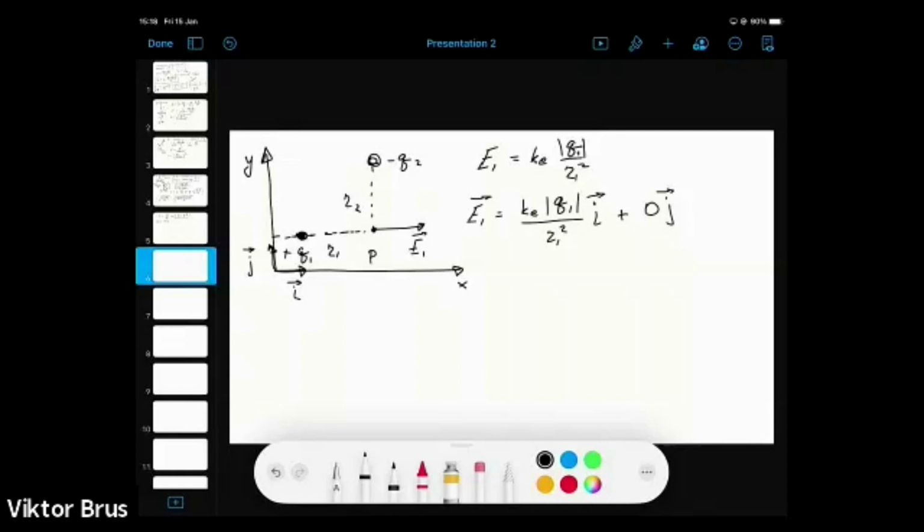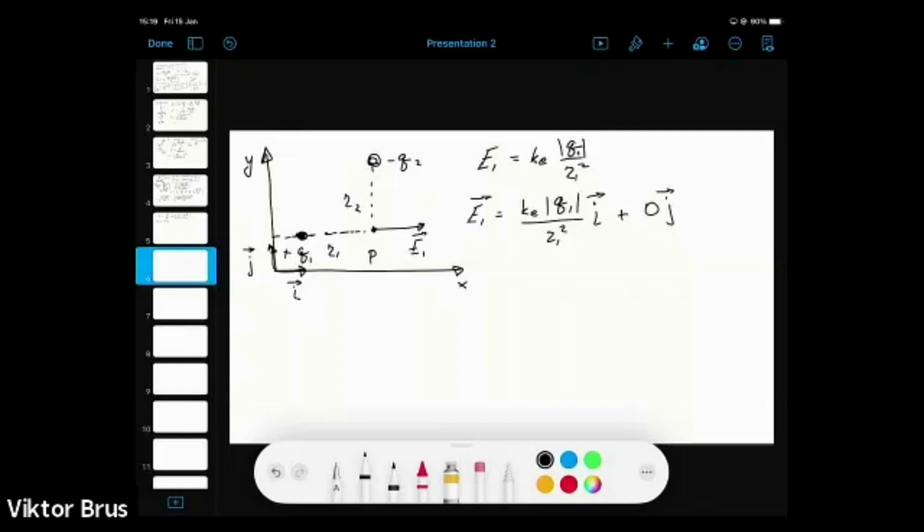So similarly, we can do this for charge Q2, but keep in mind that it's a negative charge, and we know that the electric field vector is always oriented towards the negative charge, and also aligns along the line between the charge and the point where we want to determine this electric field.